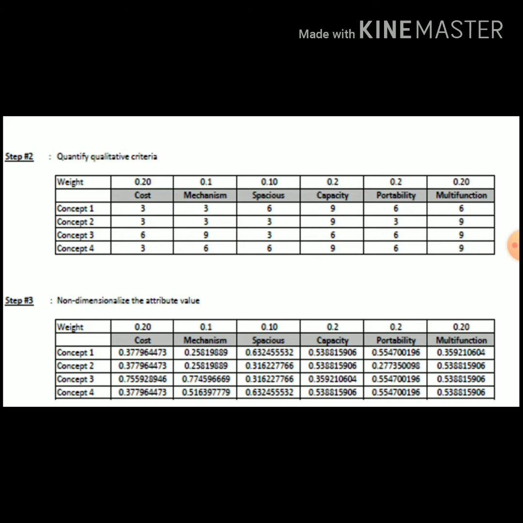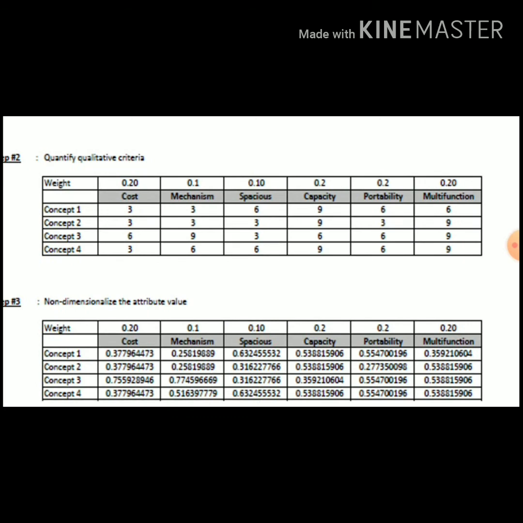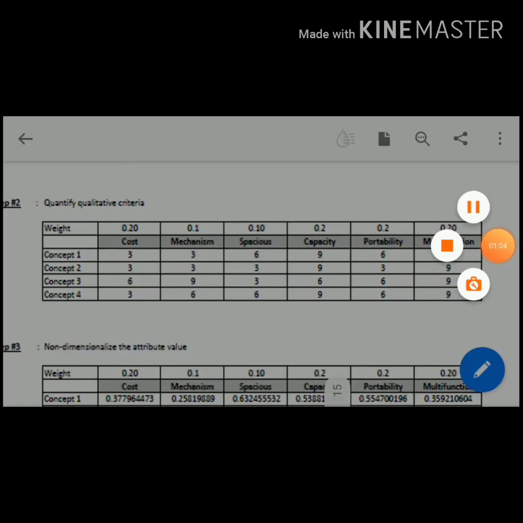But in TOPSIS we have to avoid that, because we tried it the first time and most of the rankings were not what we were expecting. So we change the scoring system in TOPSIS. Instead of 1, 2, and 3, now we choose 3, 6, and 9, where 3 represents the lowest, 6 the medium, and 9 the maximum score.